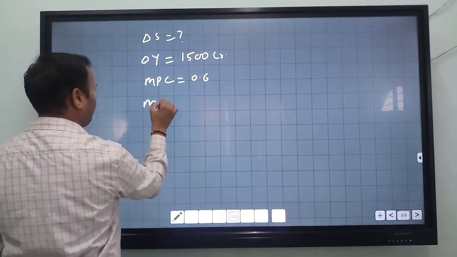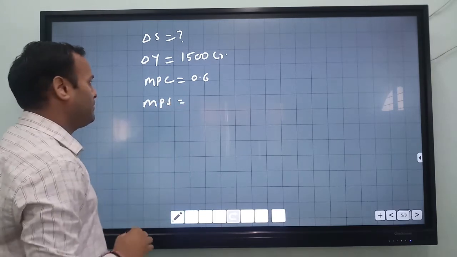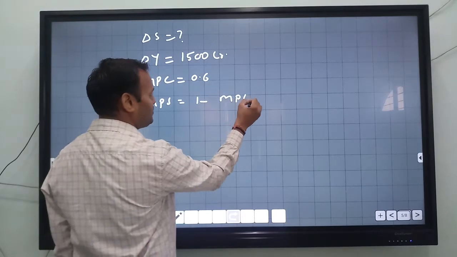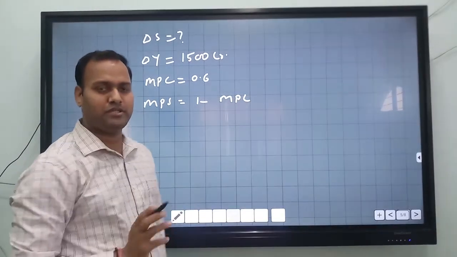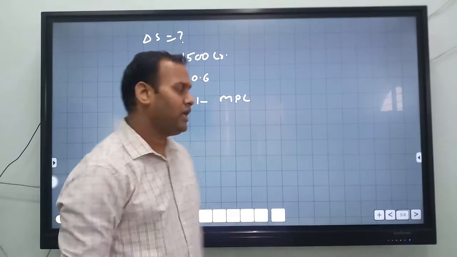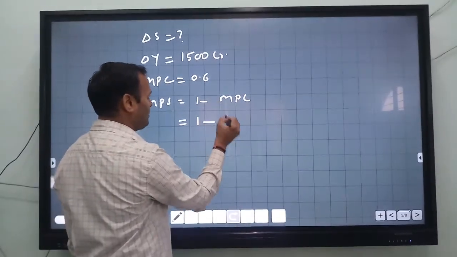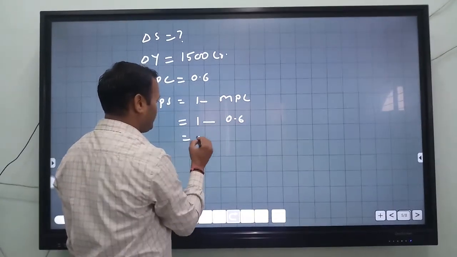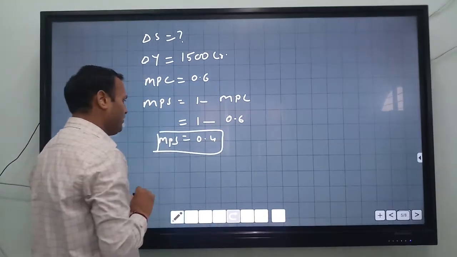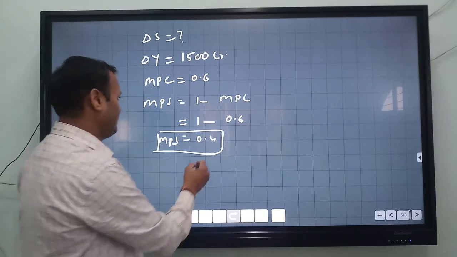So what is the value of MPS? MPS is equal to 1 minus MPC, because MPC plus MPS is equal to 1. So MPS is equal to 1 minus 0.6, so MPS is 0.4. This is the value of MPS.